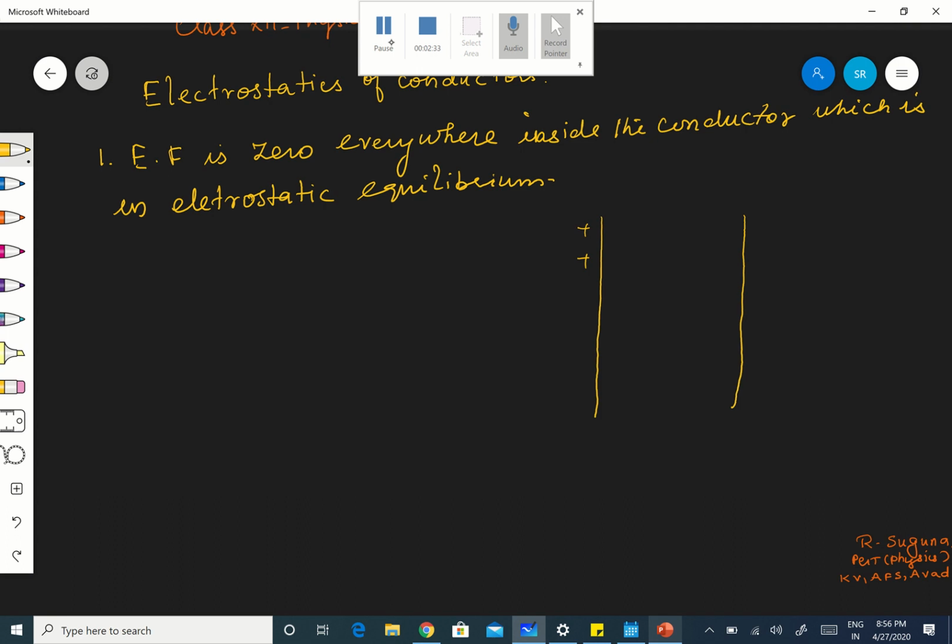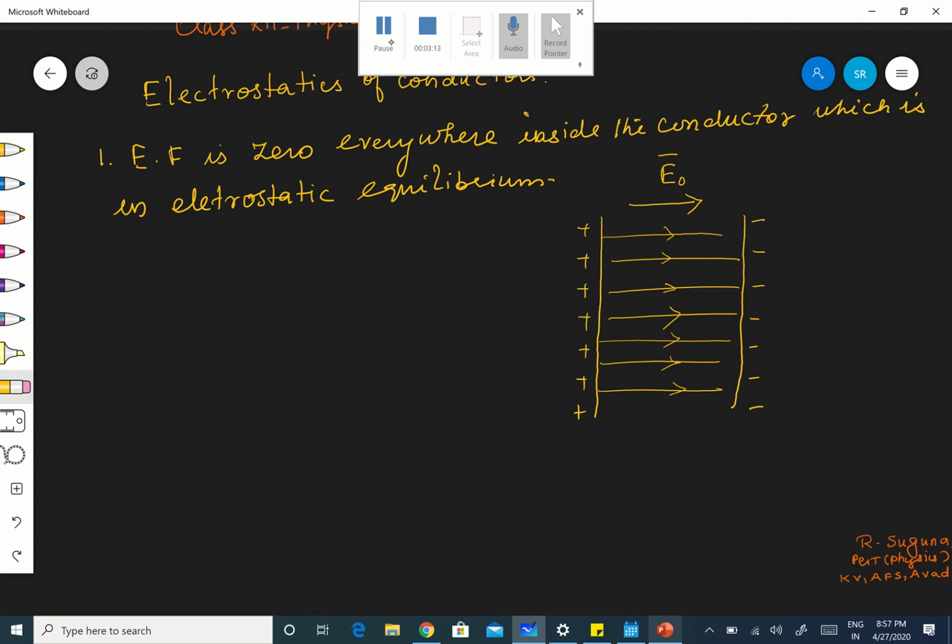Here it is a positive plate and here it is a negative plate having the same charge density. Therefore, the electric field will be from positive to negative, and let that be the applied electric field, E naught. This is a uniform electric field which goes in between everywhere, uniform electric field lines. Is it clear? So it is producing a uniform electric field E naught.